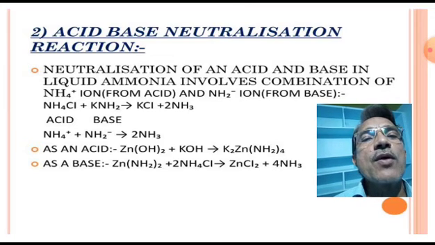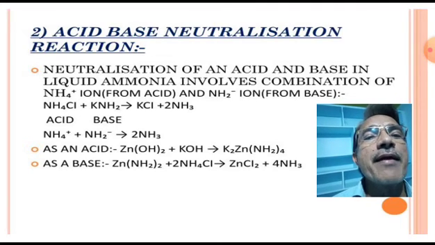Ammonium chloride is called an acid because it can produce NH4+ ion in liquid ammonia. Potassium amide is called a base because it produces amide ion in liquid ammonia. So NH4+ comes from NH4Cl, NH2- comes from KNH2, combined to produce 2NH3.